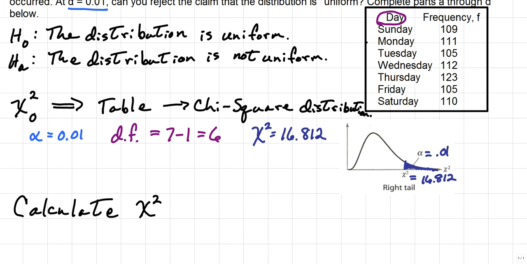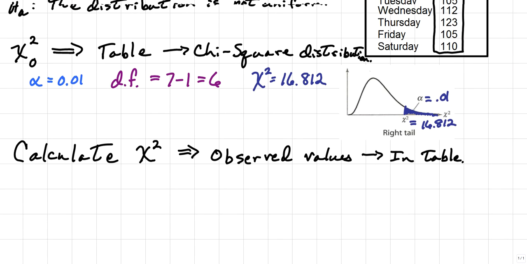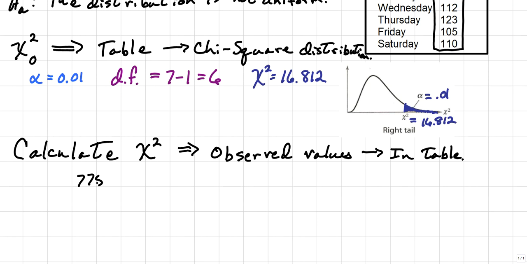In order to do that we need to know what our expected value is. So we need observed and expected values. We already know what the observed values are because they're in the table. But now we need to determine the expected value, and to do that we're going to need this list for comparison. Remember that there are 775 fatal bike accidents per week.